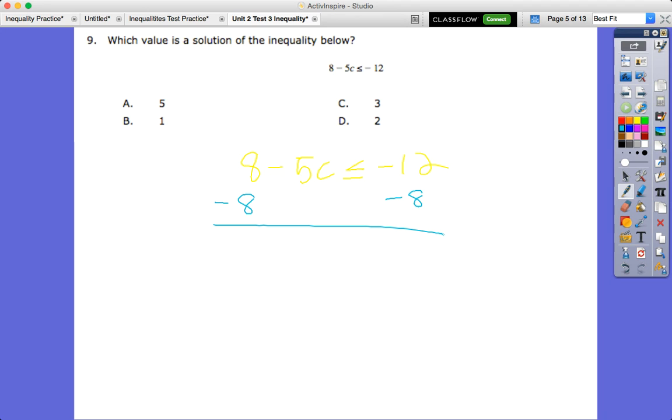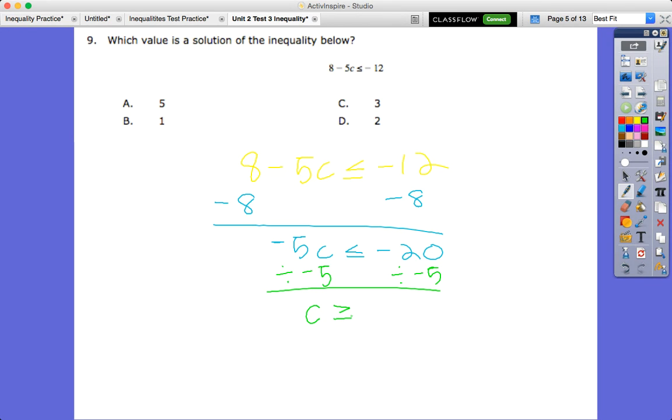All right, so now we're going to have negative 5c is less than or equal to negative 20. My next step is to divide both sides by negative 5. Negative 5 divided by negative 5 leaves me with c. I have to flip my sign because I have a negative coefficient, or I multiplied or divided by a negative.